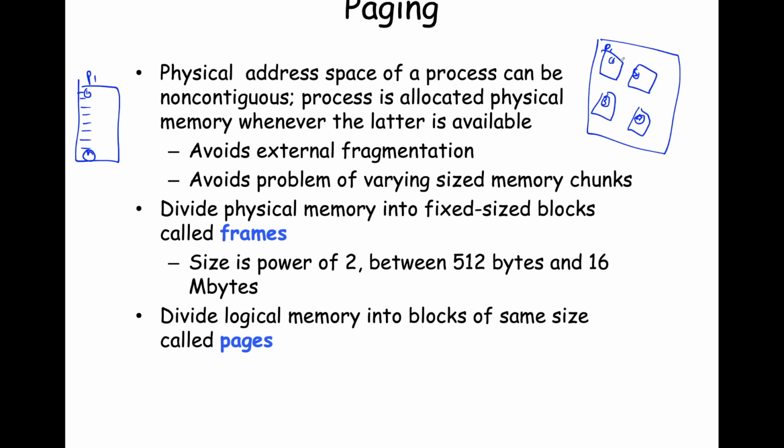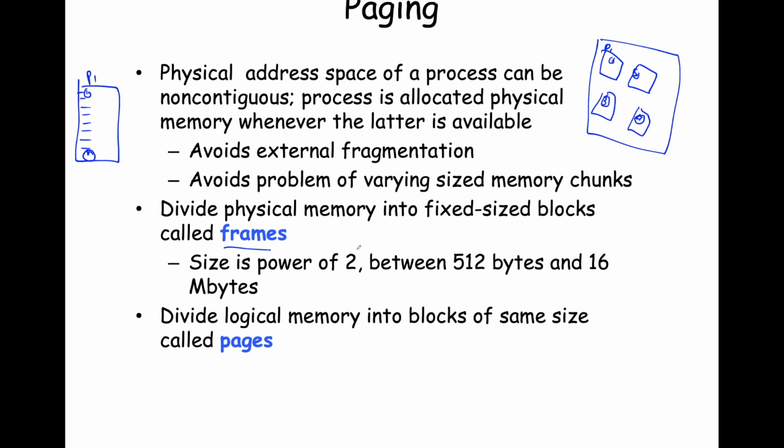You can have a small standardized unit of memory and therefore don't have that issue where some processes need a huge block and some need a small block. If you have a large process, you just need a larger number of these small standard sized blocks. And so essentially what happens is you divide your physical memory into fixed size blocks. And these fixed size blocks have a name, they're called frames. And when you look at their size, the size is always a power of 2 when you talk about chunks.